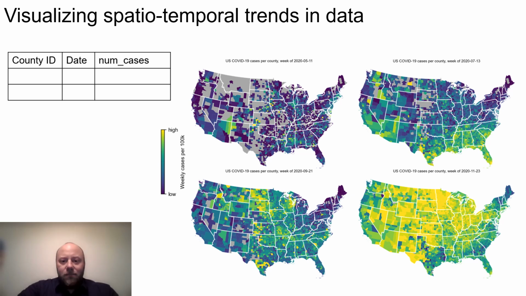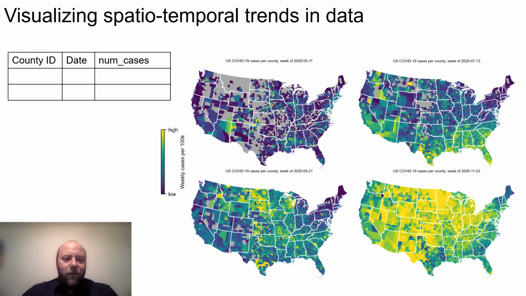So this is just a very standard way to visualize that, right? And of course you can see some trends, but in particular, if we were interested in visualizing, analyzing how COVID spread from rural to urban areas or vice versa, we can't really get that information from these visualizations.